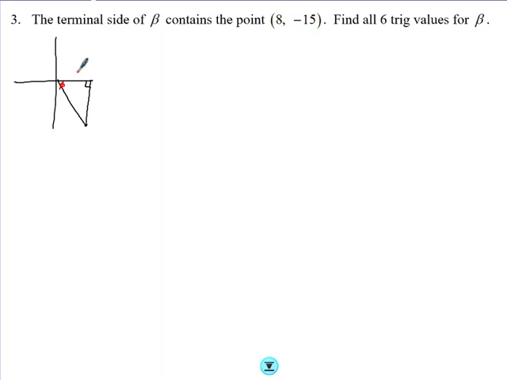We know that the sides of the triangle are 8 and negative 15. We can then use the Pythagorean theorem to find the radius. So we have that 289 is r squared, so r equals 17. Now we can find all 6 trig functions.